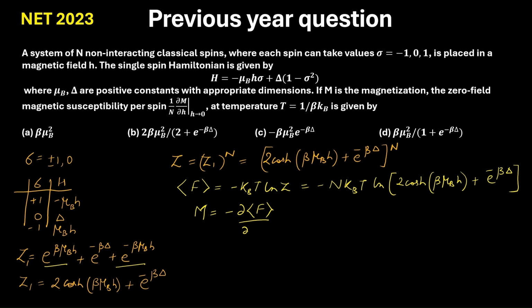Here the magnetic field is H. So when you take this derivative, you will get an expression something like this.